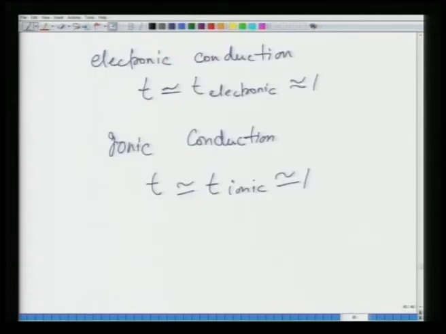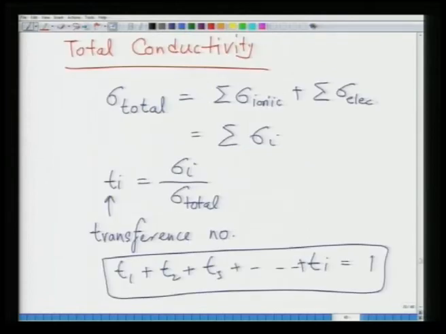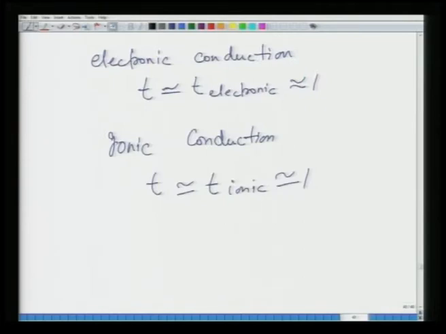And then we have this ionic conduction. We looked at the transference number, which is the ratio of ionic or electronic conductivity to the total conductivity. So, any type of conductivity divided by total conductivity, because total conductivity is the sum of all sorts of conductivities. For a perfect ionic conductor, T ionic will be equal to 1, and for perfect electronic conduction, T electronic will be close to 1.